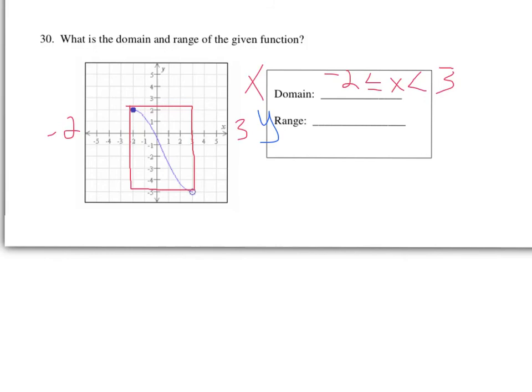Okay, we see that down here at the -5, that we have an open circle that traces back to the -5, so the value of y cannot equal -5, so we write that as -5 is less than y, which is less than or equal to 2. So up here it is equal to 2 because we have the closed circle. Down here it is not equal to the -5 because we have the open circle.